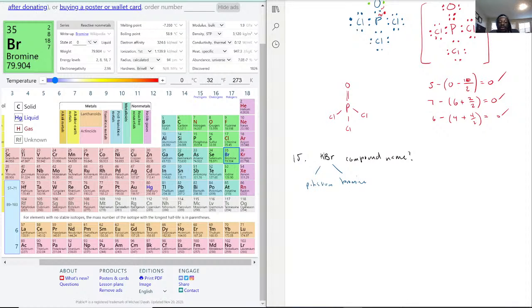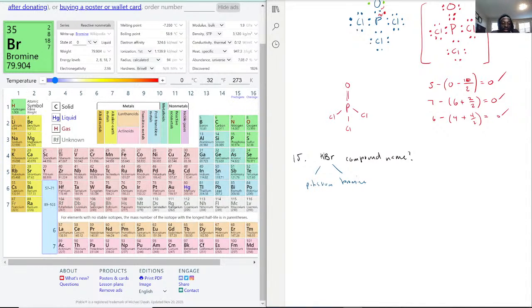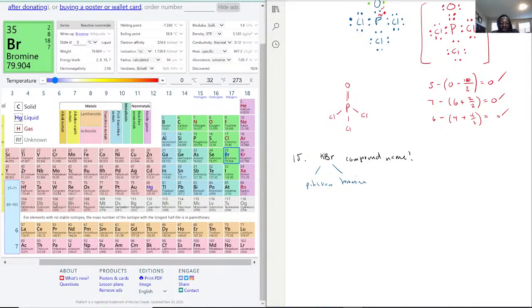Now with this, unfortunately we're not done just quite yet. We have to first figure out what type of bond it is, because they have certain naming rules between ionic and covalent bonds. So we look at KBr and we see that potassium is a metal and bromine is a nonmetal. So this is an ionic compound.